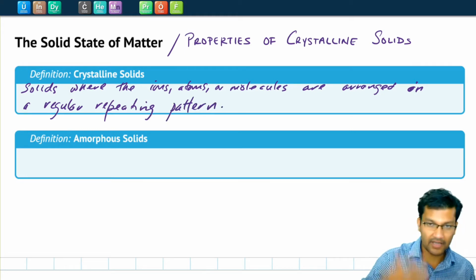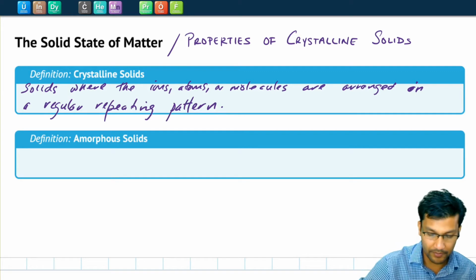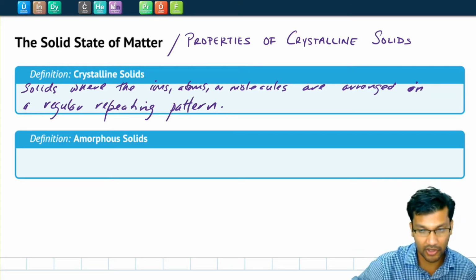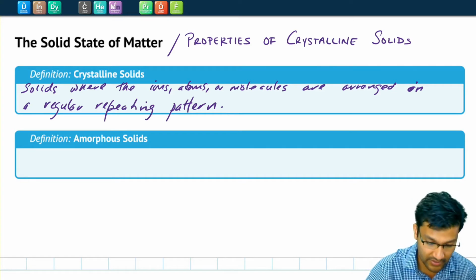And I'll show you some examples of what I mean by this. But it's exactly what it says. There's some pattern in the structure of the material that repeats.